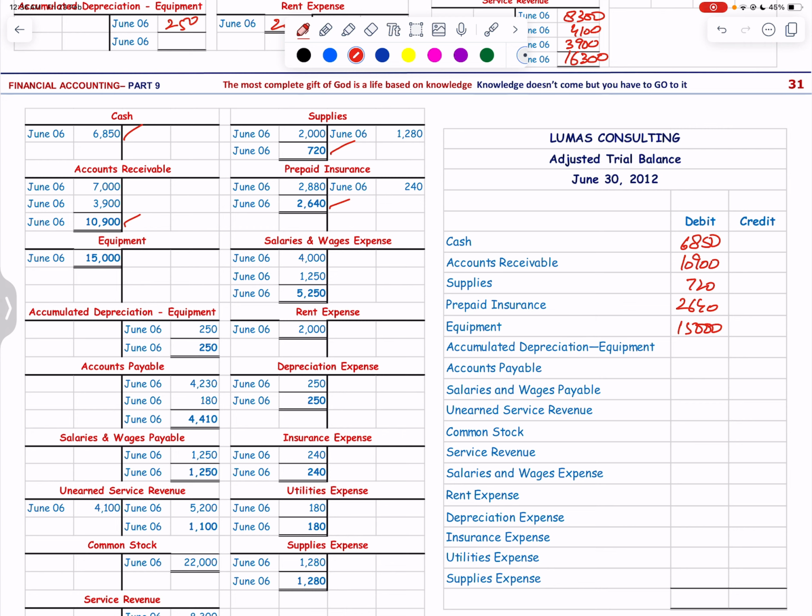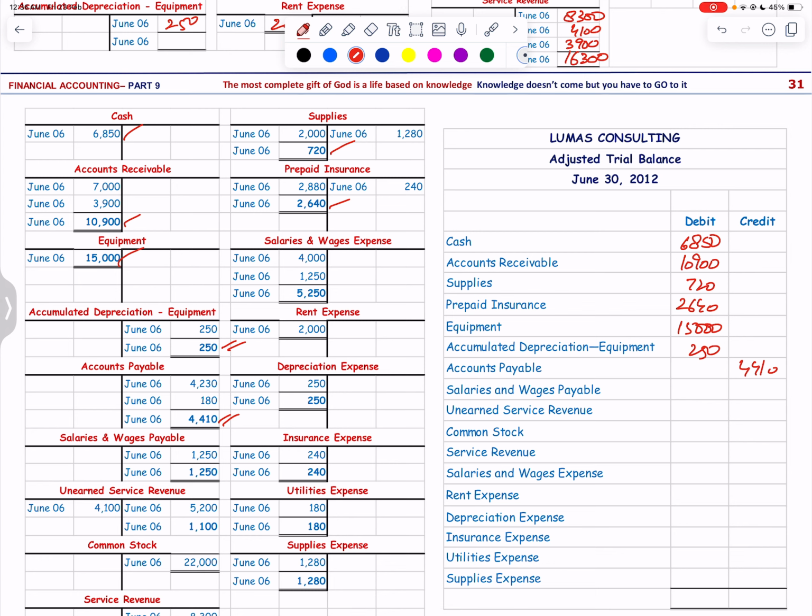Then we have salaries and wages. Accumulated depreciation is 250. Accounts payable is 4410 in the credit.